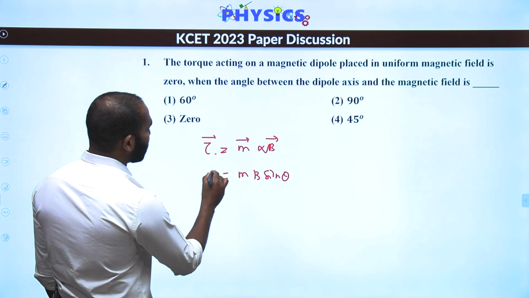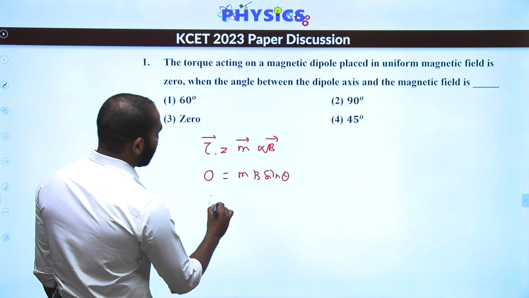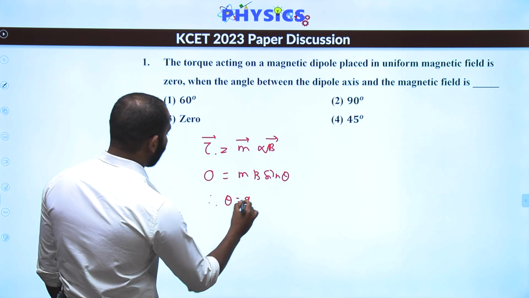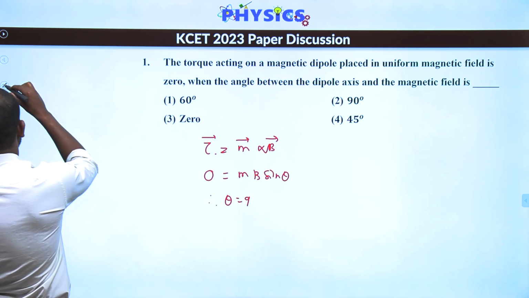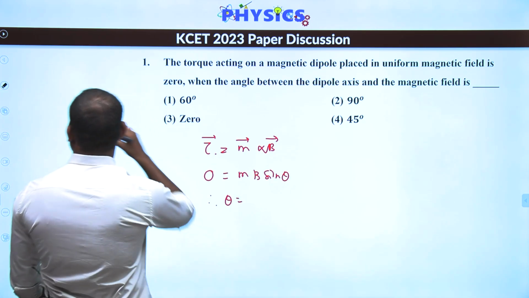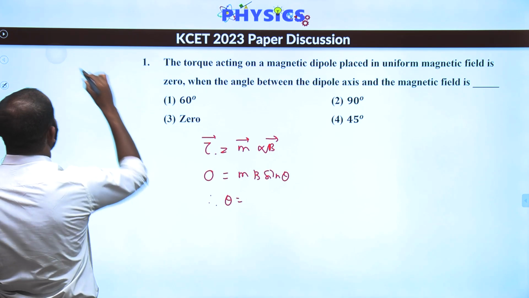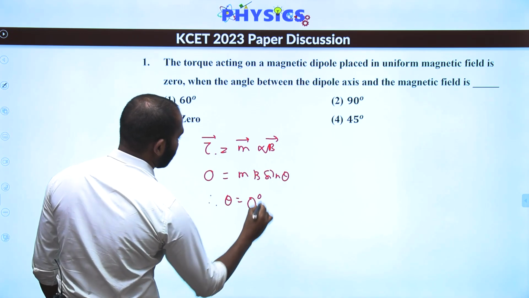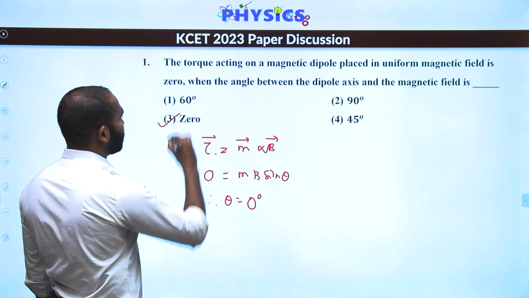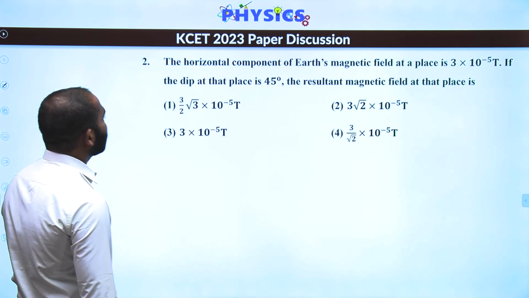If you want the torque to be 0 here, that is possible only when theta is 0 degrees. Okay. So the correct option here is 3. Now let's go to the second question.